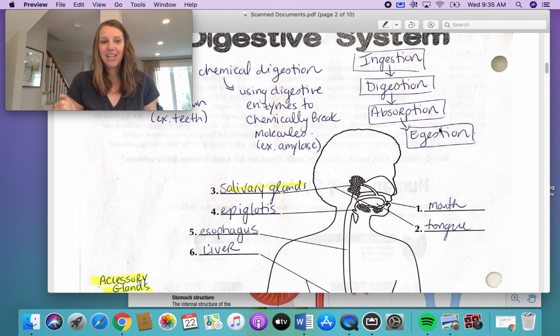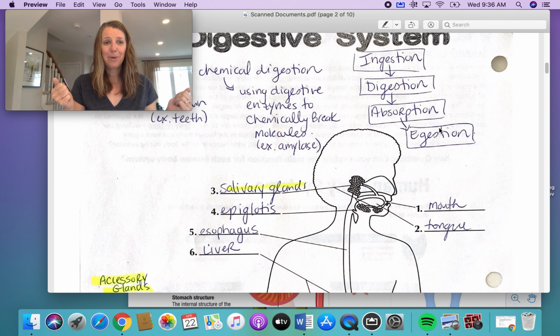All right, because remember, we can't as humans make our own food. We're not plants. So how do we get the nutrients that we need? We have a fancy digestive system, all right? Remember, that molecule of glucose that your body needs to make energy has to get to every cell in your whole body. How does it do that? It starts the process in your mouth by breaking down a huge molecule, a starch, for example.